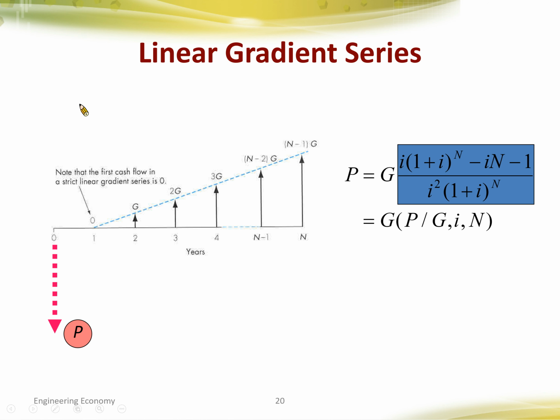fortunately, although we are not going to derive it, in fact you can derive it and get the formula that you see in the box. It's not that difficult. You can derive it, and again you can plug in i and n and compute the value. You probably need to use your engineering calculator to do that.